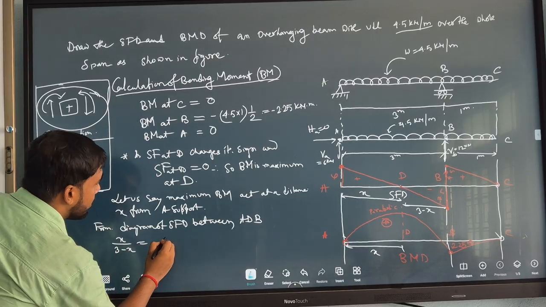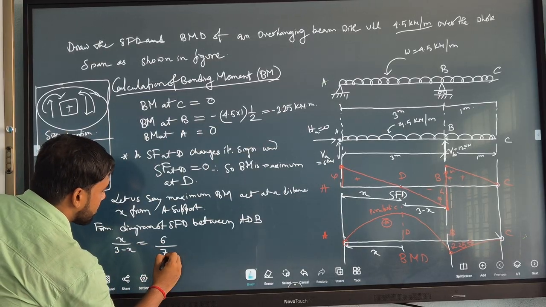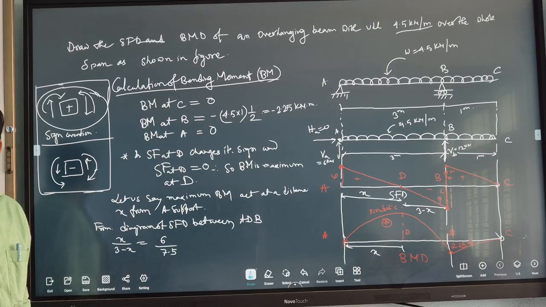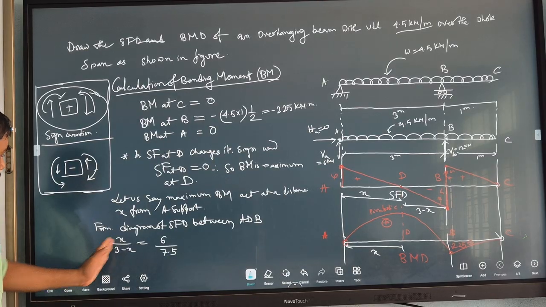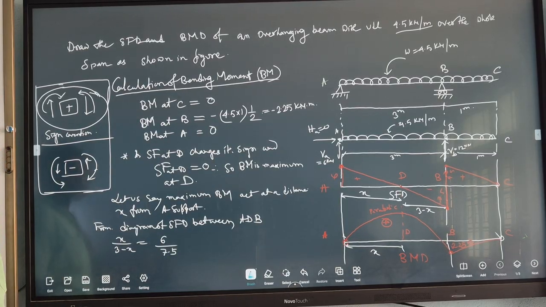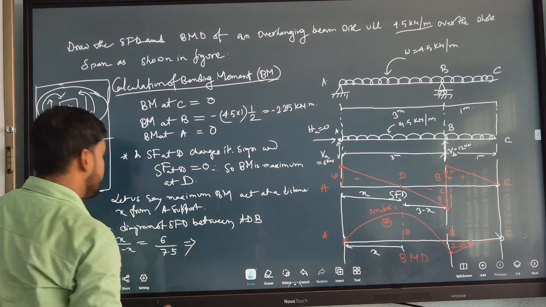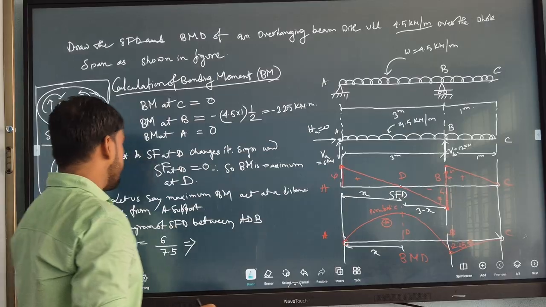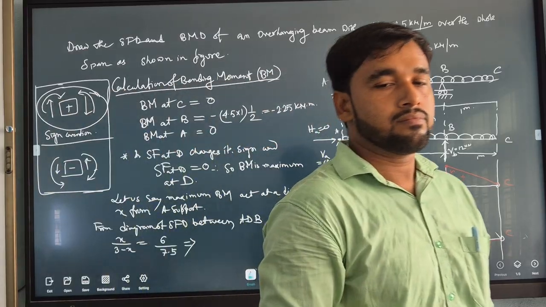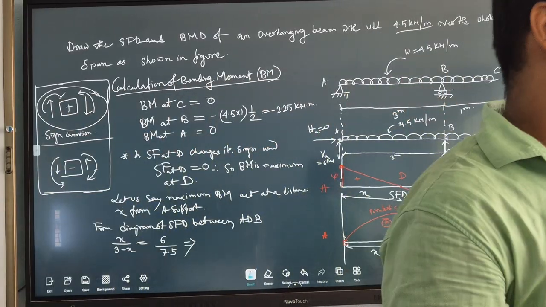3x equals 6 by 7.5. Very simple. Now calculate x from here, solve this, how much does it become? Calculate please.